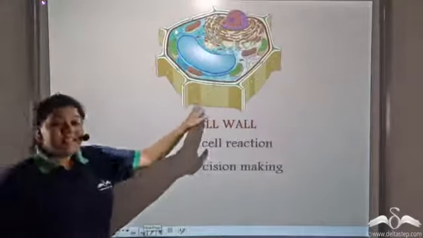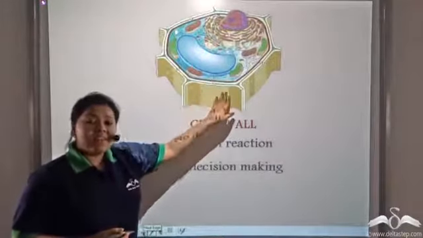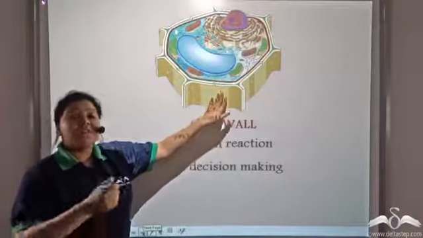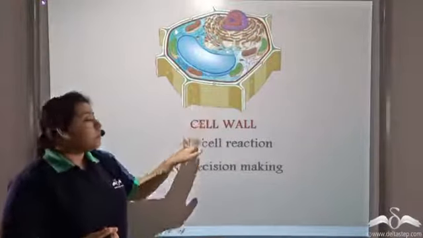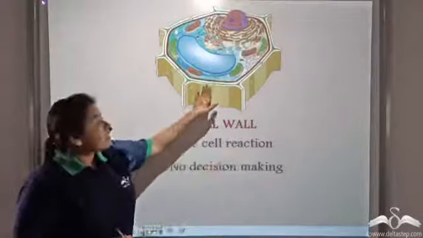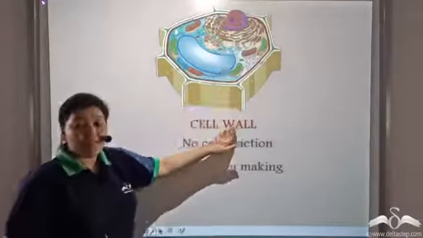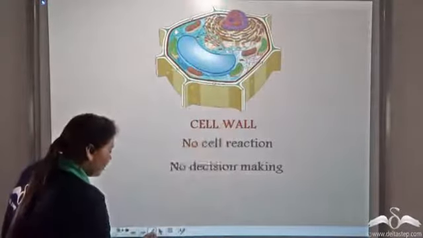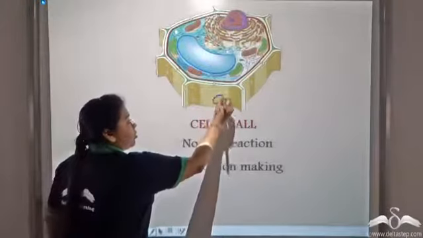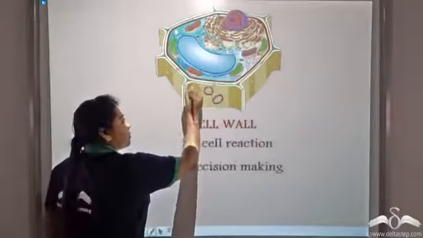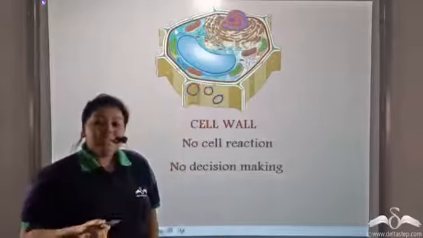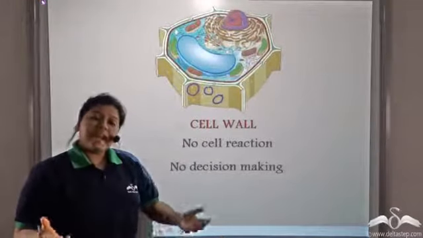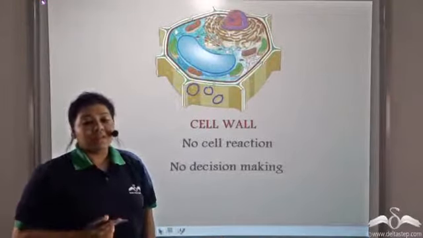Similarly, the cell wall is just a deposition of cellulose. No cell reactions take place in the cell wall. Now see, there are a lot of pores in the cell wall. Now these pores allow any molecule to flow through them.